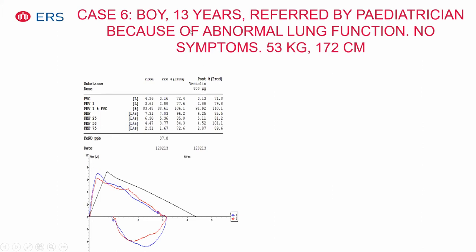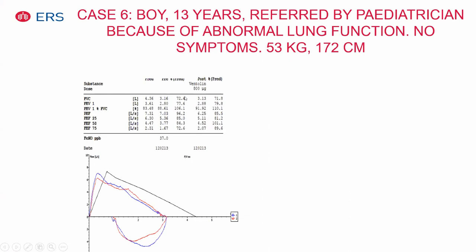The 13-year-old boy was quite tall with 172 centimeters standing height and slim, 53 kilos. He had a spirometry which looks technically acceptable with a sharp rise, peak flow, and a smooth and reproducible decline of the forced expiratory curve.